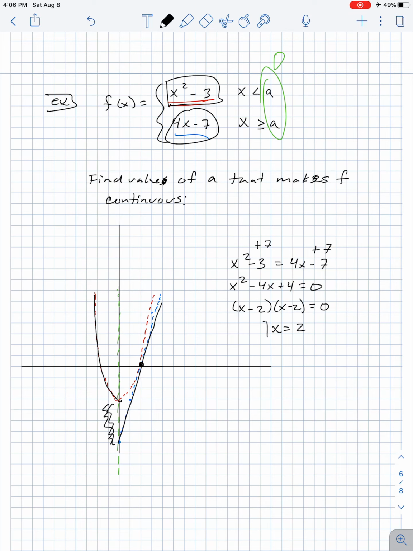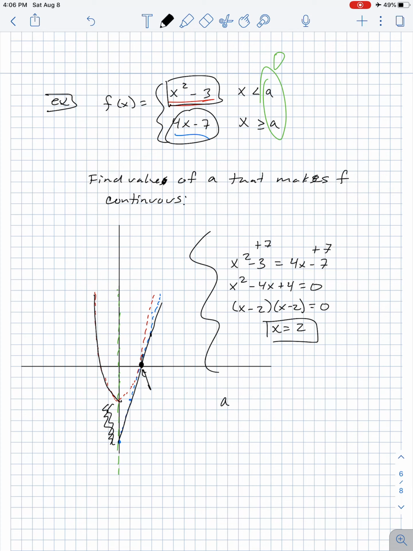So x equals 2. Now I drew a pretty decent picture, and if you saw it, you could tell that they were touching at 2 right here. Okay, this is x equals 2. And that might happen, but I want to see this algebra. I want you to lay it out. So set those two equal and solve.